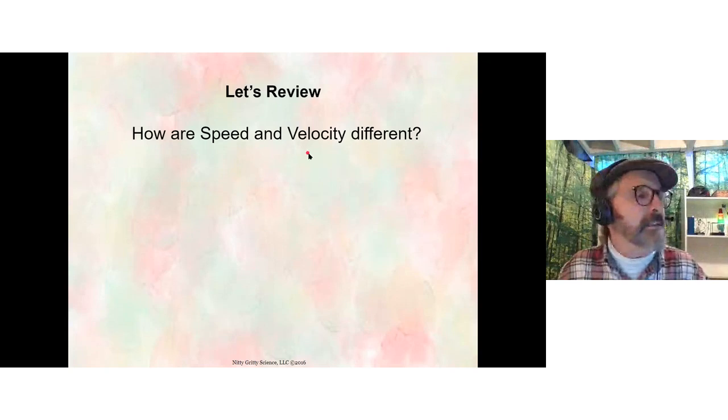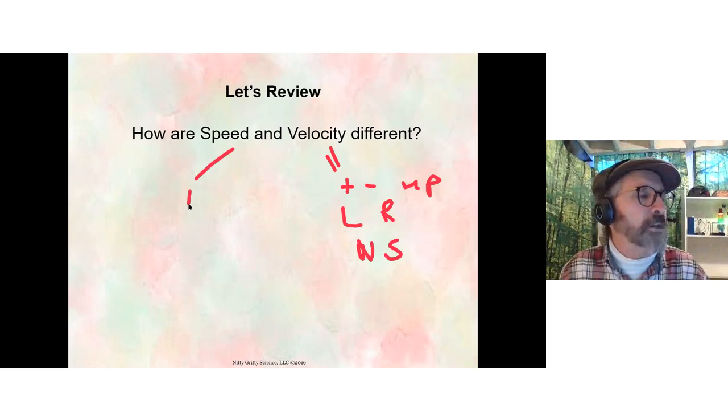Velocity has a direction: plus, minus, up, down, left, right, north, south. And speed doesn't. No direction. Okay, and this is also a scalar. And velocity is a vector.